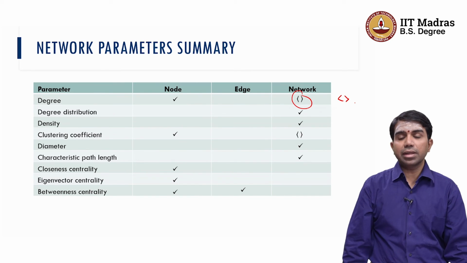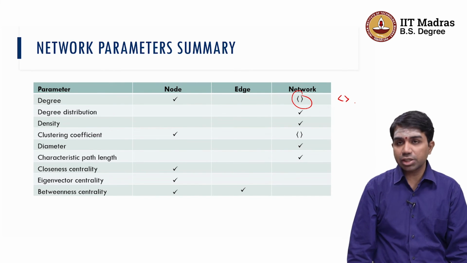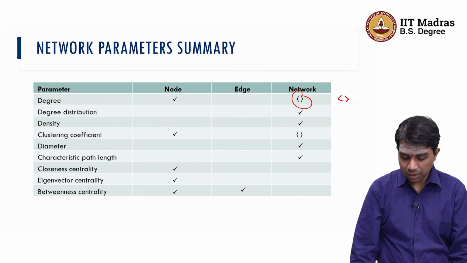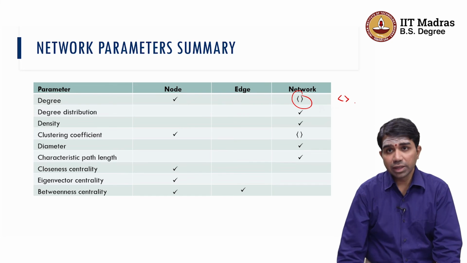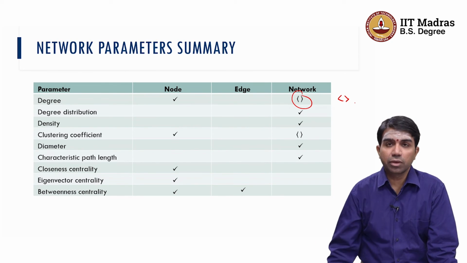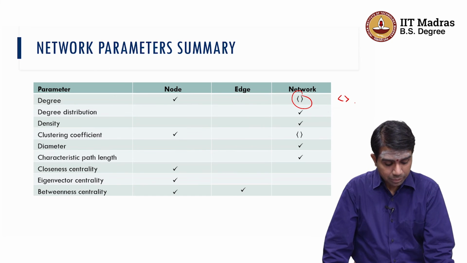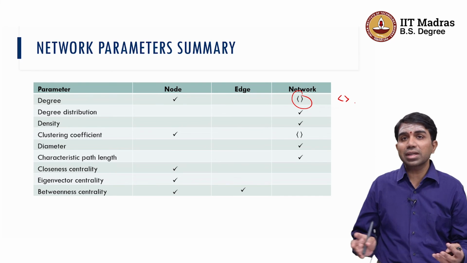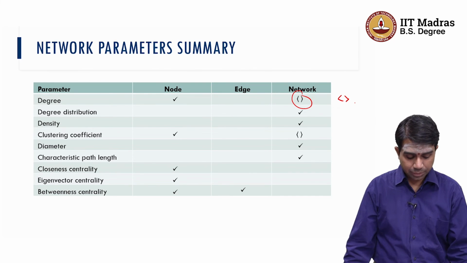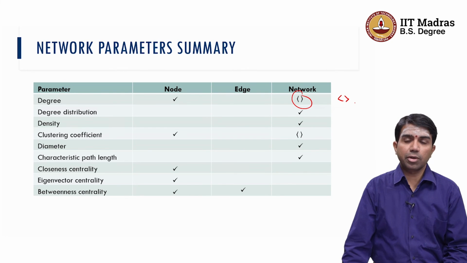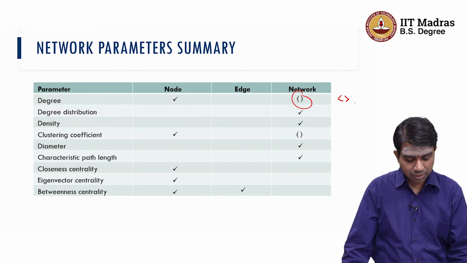Then you have the notion of degree distribution, which is a network property that tells you what the histogram of degree looks like. And then you have density, which is again a network property that captures the overall connectedness of the network in terms of the total number of edges to the number of possible edges that can exist in the network.